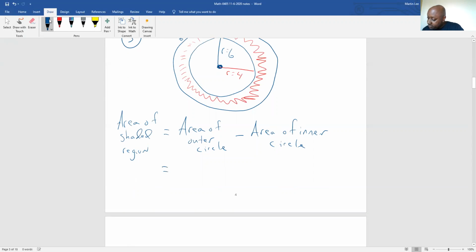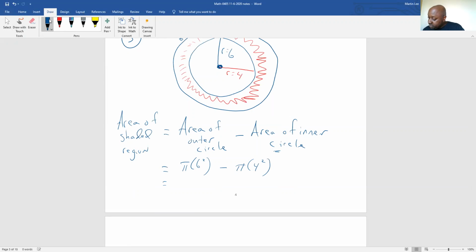So now that's going to equal, okay, area of the outer circle is pi times 6 squared minus area of the inner circle, which is pi times 4 squared.